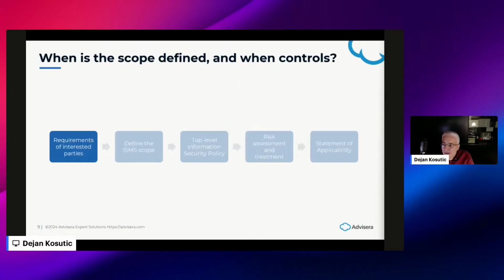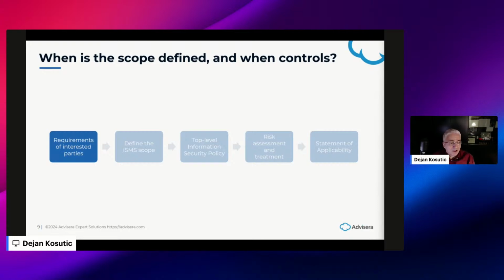and define at which point of time in your project the scope is defined. And basically the first step before defining a scope is collecting the requirements of interested parties. And this is important because these interested parties might actually influence your scope. So in case of, let's say, a pharmaceutical company, there is usually a regulator, and this regulator might impose to which part of the company this standard needs to be applied.